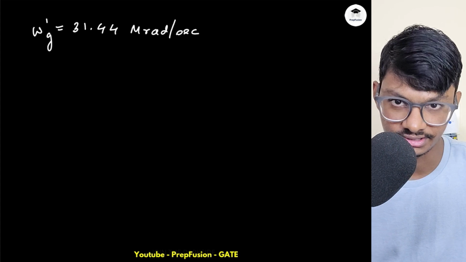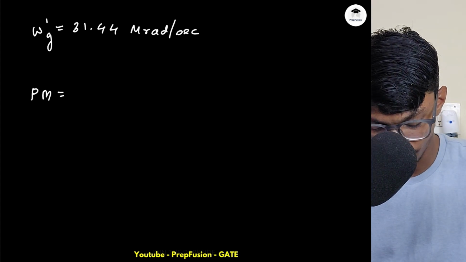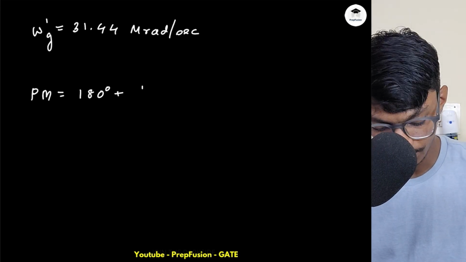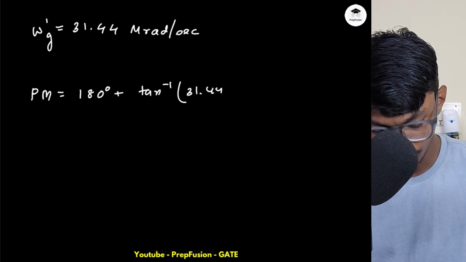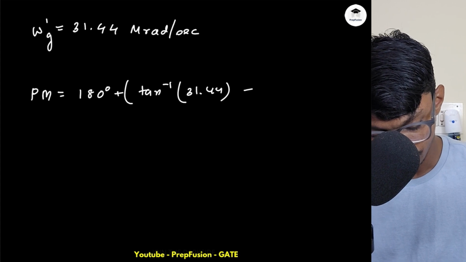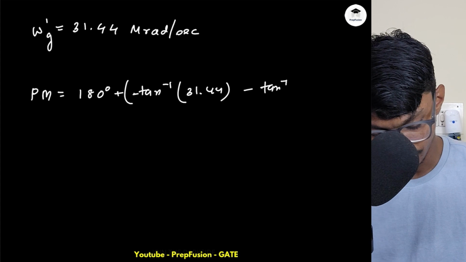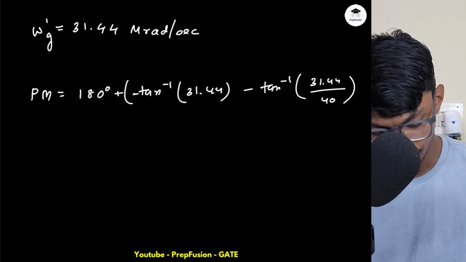So if omega g dash is this, now you can compute your phase margin. Again, phase margin will be that same formula only, 180 plus angle of j omega at omega g. So I will directly compute this: 31.44, and this will be minus, actually, minus tan inverse of 31.44 divided by 40.